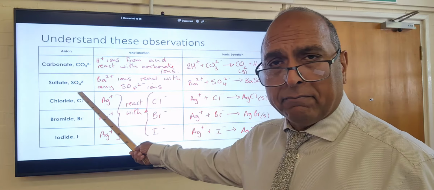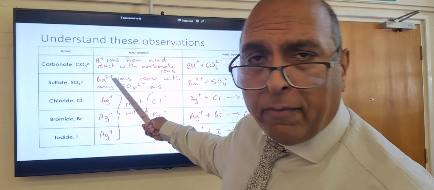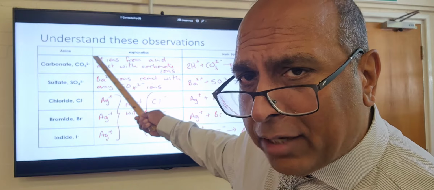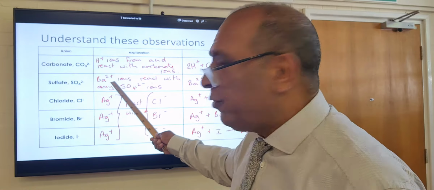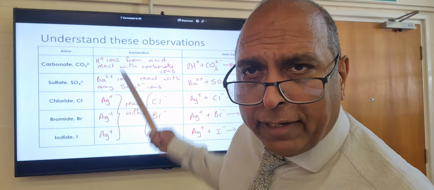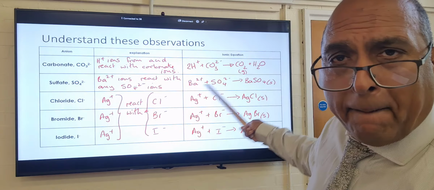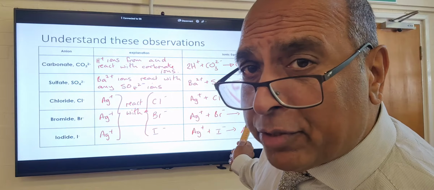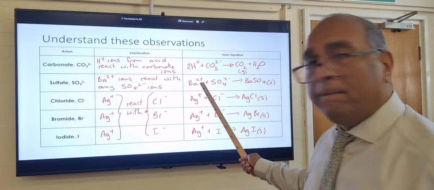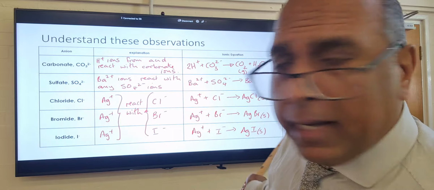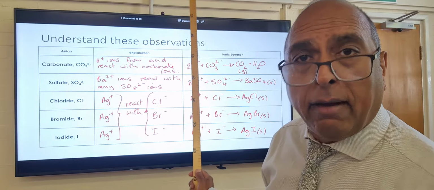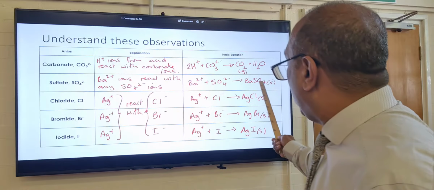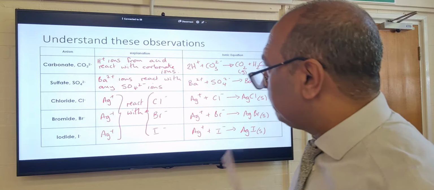Now sulfate, what's happening here is from the barium nitrate or barium chloride, the barium ions react with the sulfate ions. And that ionic equation tells you precisely what's going on. Barium ions and sulfate ions make barium sulfate precipitate, which is white. White precipitate of barium sulfate.